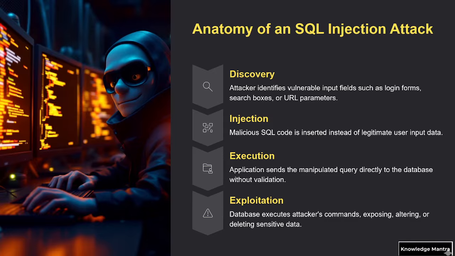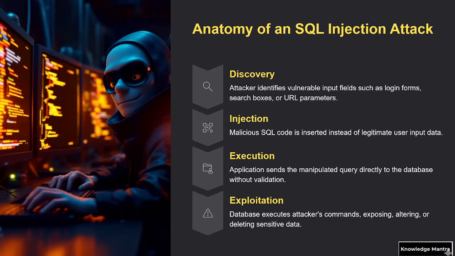Second is injection. When the attacker has found an input field or URL parameter, malicious SQL commands are inserted into that field. First, we found the field, then hackers inserted the malicious SQL command into that field. Then execution: the web application sends the crafted query directly to the database without any validation.